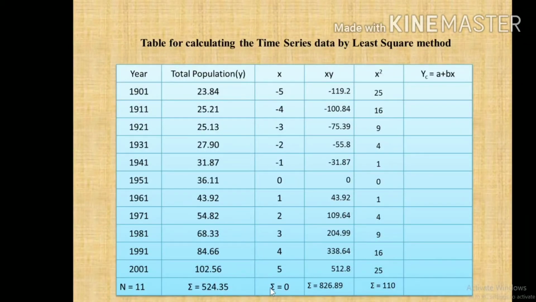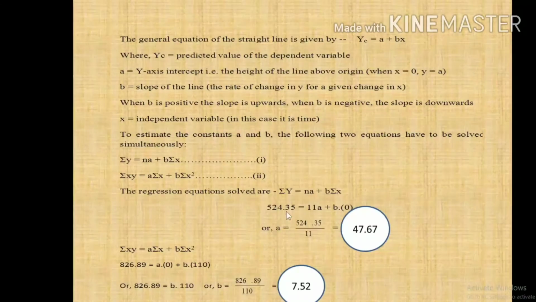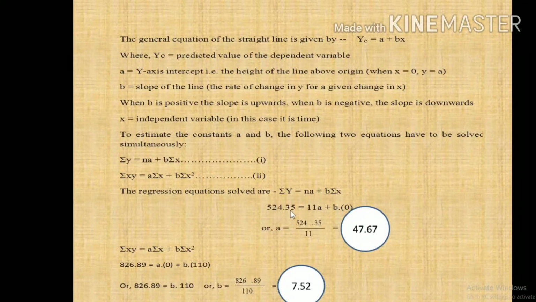We already calculated the value of summation x is 0. So 524.35 equals 11a plus b into summation x, which equals 0. Or a equals 524.35 divided by 11.